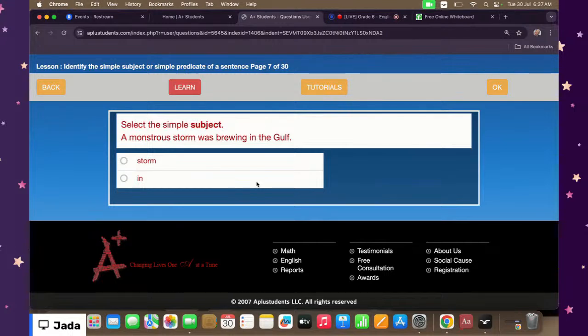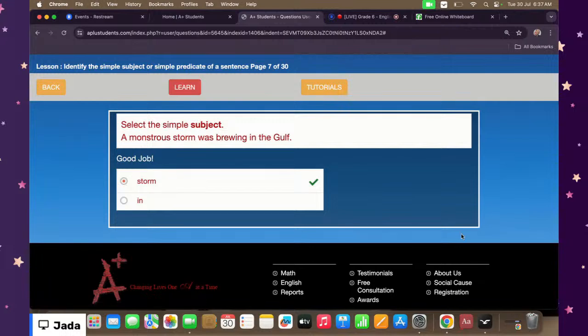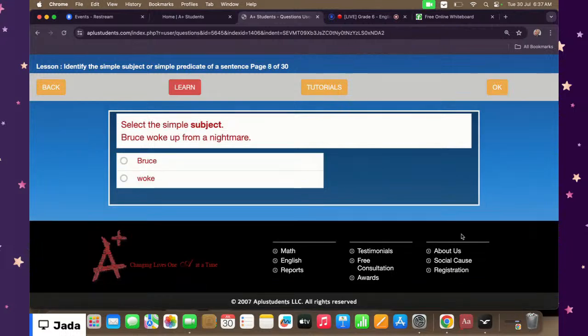Option 1, storm. Okay. So apparently, storm is the correct answer. Okay. So everyone who said option 2, you need to be very, very careful when you are identifying the simple subjects. So what's the simple subject here? Yeah, storm is correct. Perfect. Simple subject from the eighth question.